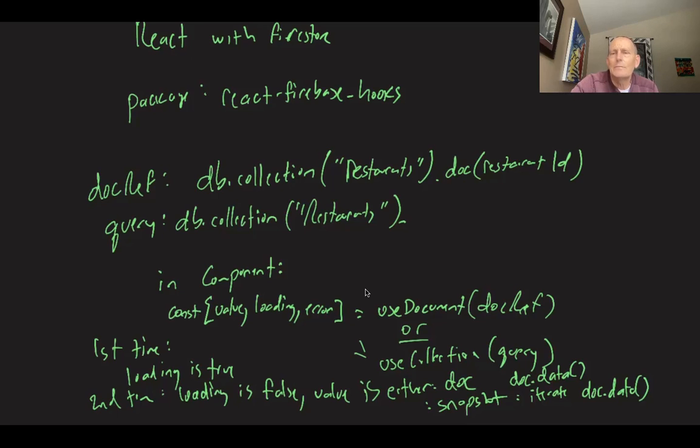If there's some sort of error, for instance you're missing an index, then you get an error in the error return from the hook. If you call useDocument, your component re-renders every time any field in the document changes, and you get a new value. When you call .data on it, you get the fields of that document.